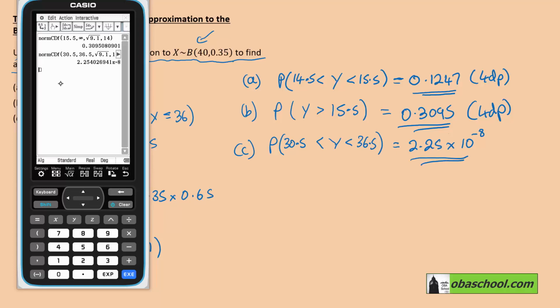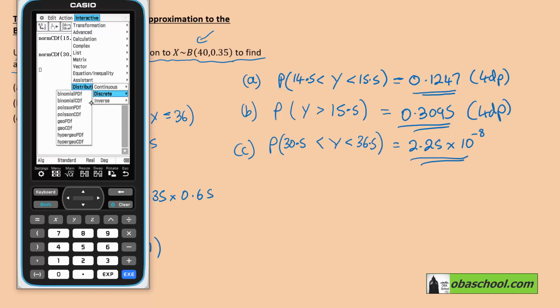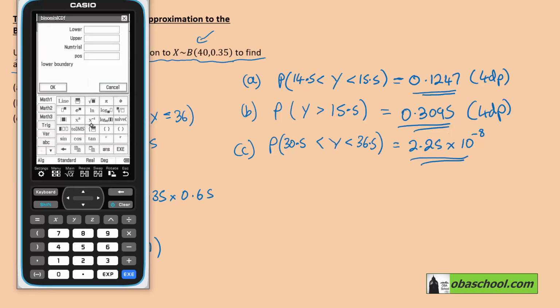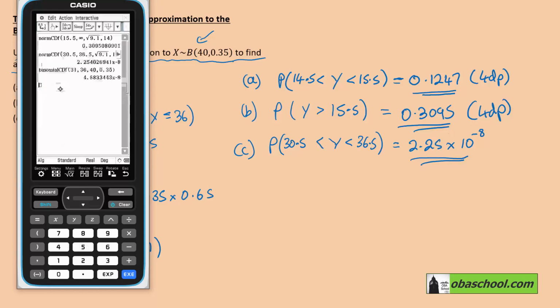Now, I'm interested to see how accurate that is. So let's actually go and look at our binomial for that. And remember, we went from 31 to 36 with 40 trials. Probability of success was 0.35. And it's not that bad.